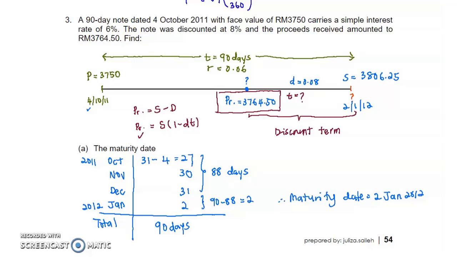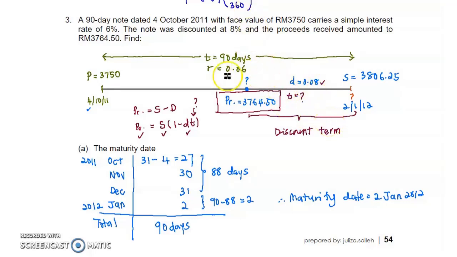We have value S in question B just now. We have discount rate, which is 8% here. And then we want to find T, right? So we can use this formula in order to find value T here, the discount term.